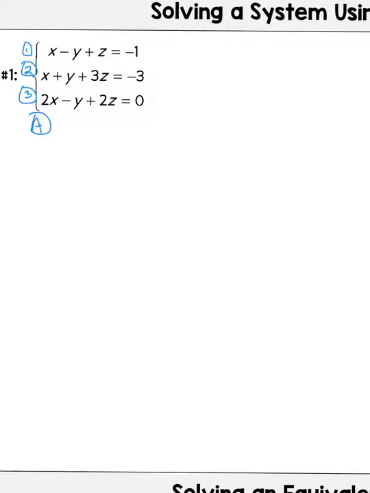I'm going to use equation 1 and equation 2. So equation 1, I don't have to do anything to it. And equation 2, I don't have to do anything to that.